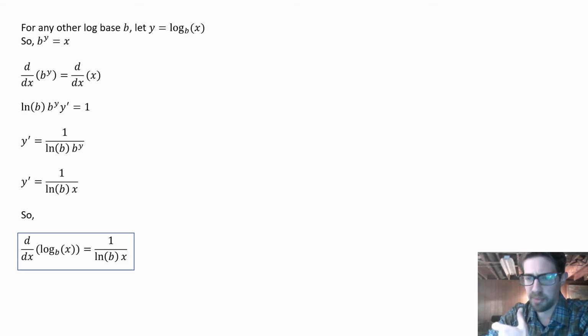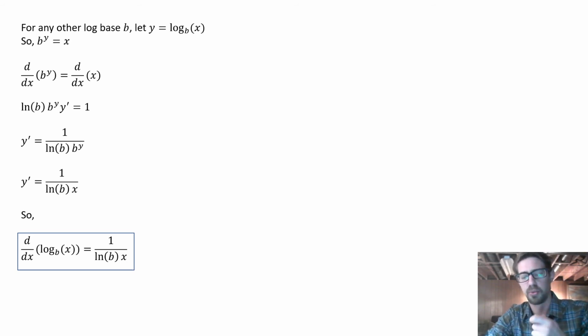People have a hard time remembering this one. If you ever have to memorize this, the way I think about it is that if the base were e, then the natural log of e is just 1 by definition. So that's actually the same rule.